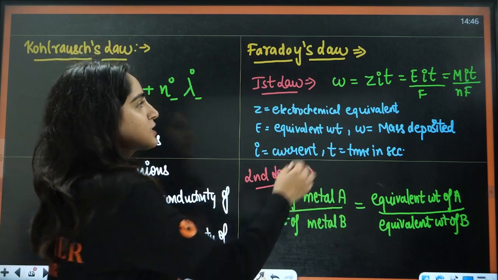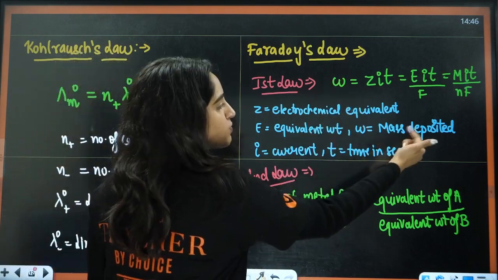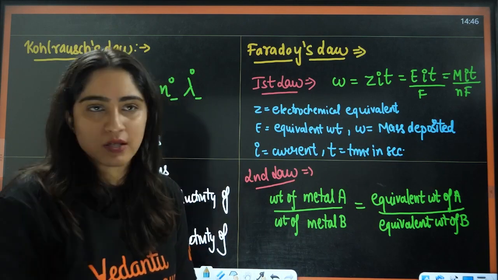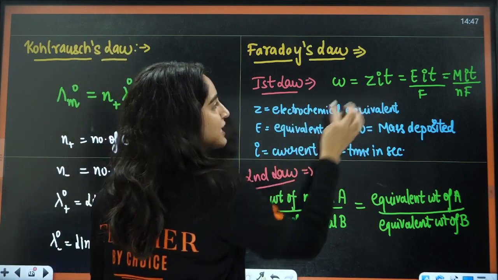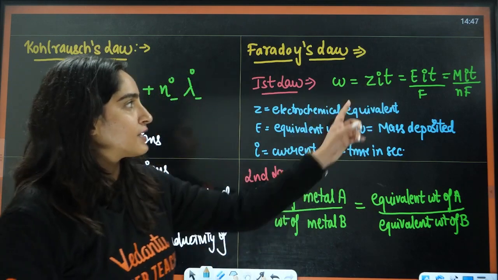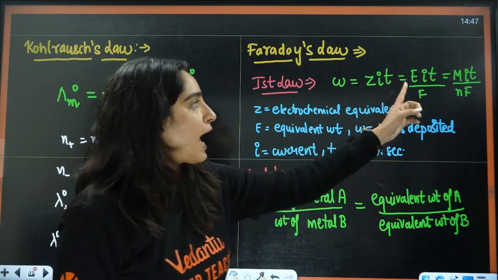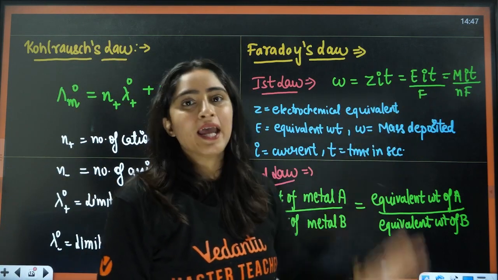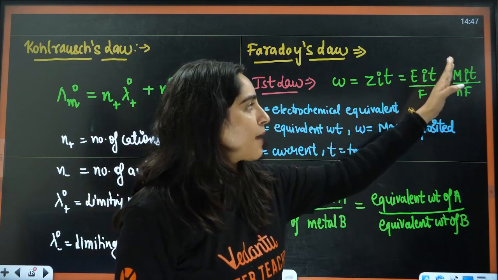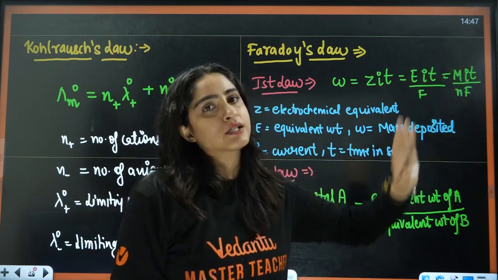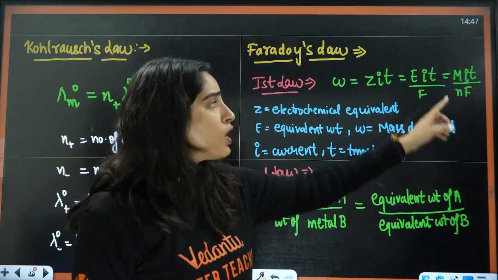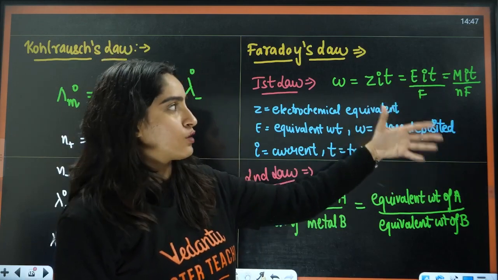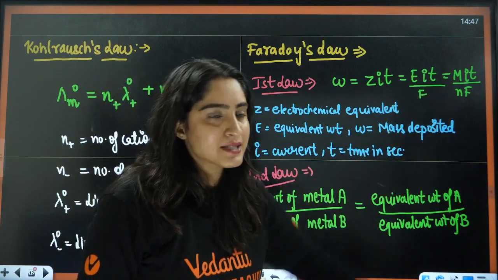Very simple. So firstly, W is the mass deposited. Z is the electrochemical equivalent, I is current and T is time, and Z is equal to E by F, and E is equal to molar mass by n. So the formula becomes W = MIt/nF, where M is the molar mass, F is the Faraday, that is 96500, n is the number of electrons gained or lost, I is the current, and t is the time in seconds.